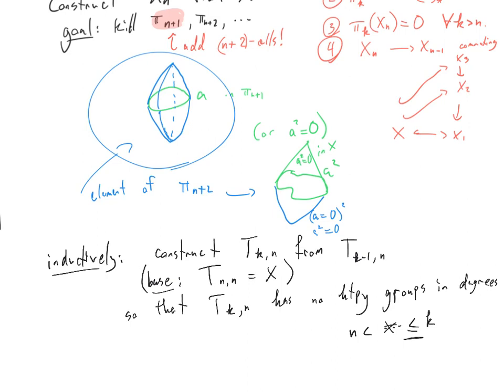And so what we do is, in order to make it have no, for instance, so the first case is k equals n plus 1, right, is we add n plus 2 cells.